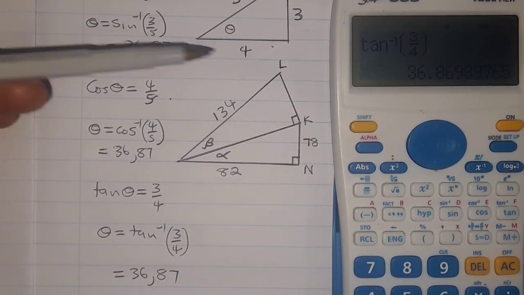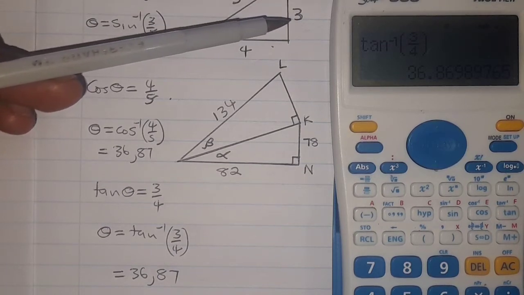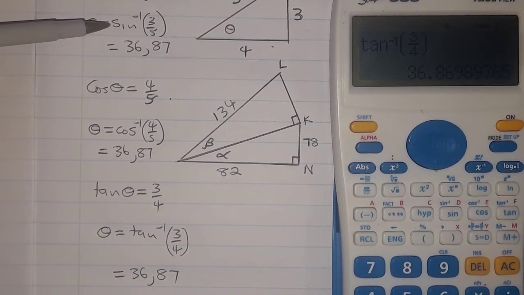So you can see that on our triangle where our opposite is 3, adjacent is 4, and hypotenuse is 5, we used sine. So the second function of sine 3/5 gave us 36.87.